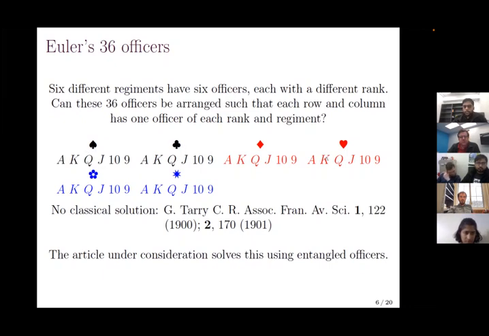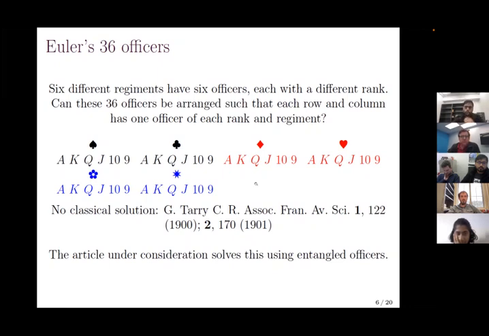You can look at this with card suits: spades, clubs, diamonds, and hearts. The authors of this paper extended this by including 2 more card suits, floret and sun, each with 6 cards of 6 ranks, and asked whether you can construct a 6 by 6 orthogonal Latin square using this.